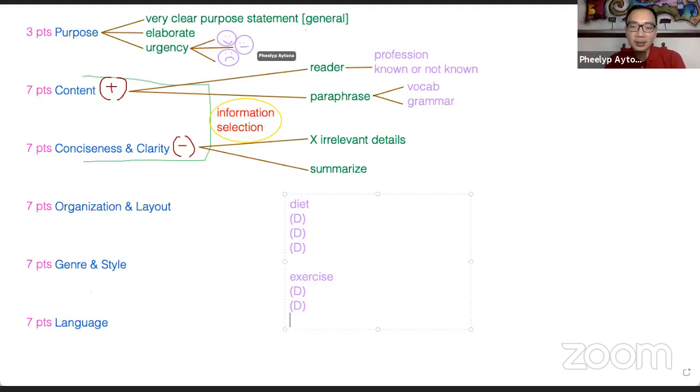Question: assuming you will include both of them, which one dito ang isa-summarize natin? Si diet or si exercise?